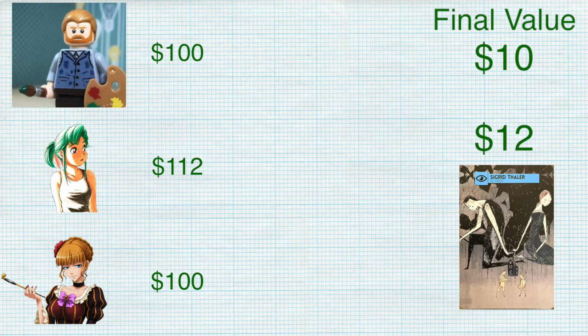In fact, you've lost money on the deal. That's 10 minus 12, losing you $2. And that leaves you with $98, leaving you in third place behind Beatrice, who did absolutely nothing and still has $100. And as you might expect, it's even worse if the painting winds up being worthless.